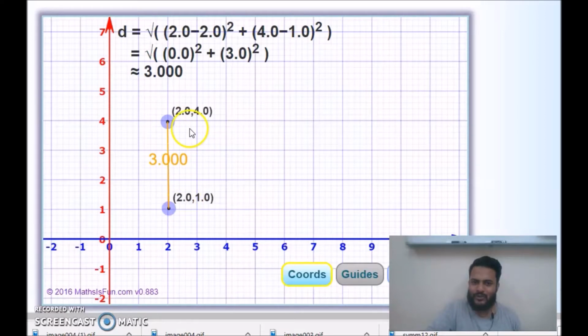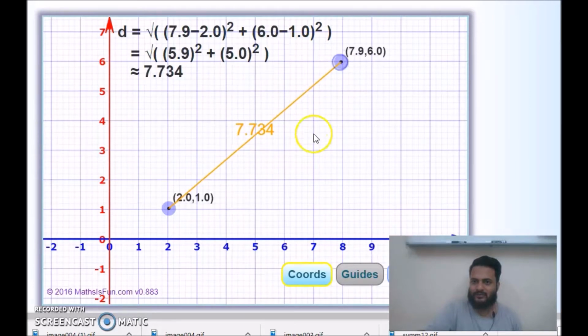And it is the same for the y-axis also. See this, 2 and 2, x becomes the same, and 4 and 1, y is different. So what's the distance between these 2 points? The difference between the y values, 4 minus 1, that is 3. If you calculate this through the formula, square root of (x2 minus x1) the whole power 2 plus (y2 minus y1) the whole power 2, you will have the same answer.